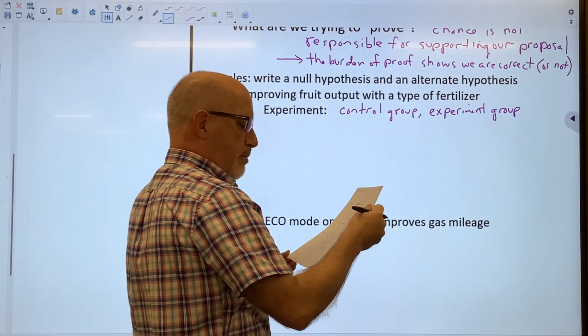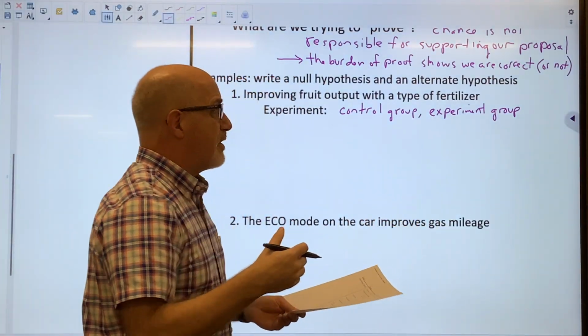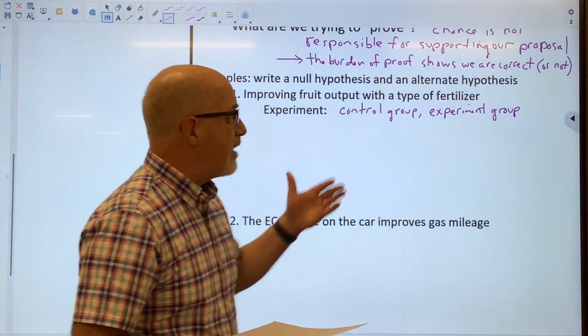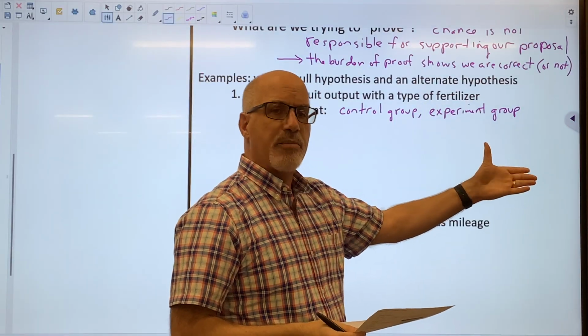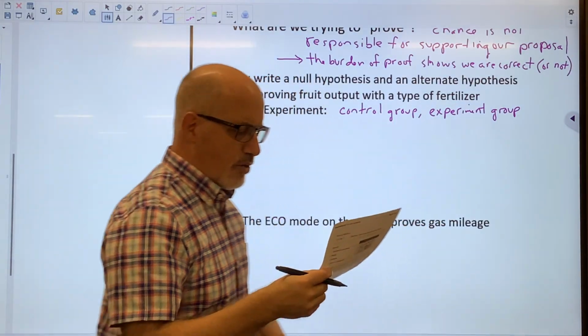If these are fruit trees, we apply the fertilizer to the experiment group and we wouldn't to the control group.